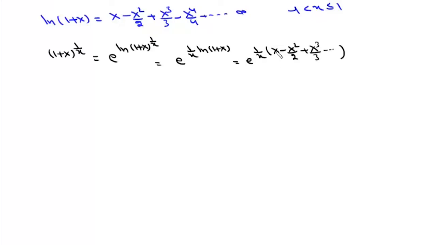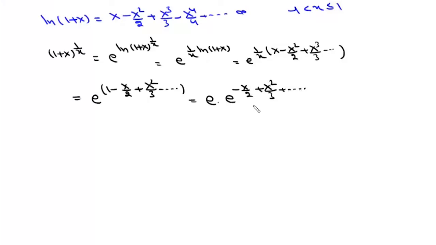Now here this x will cancel, so we can write this as e to the power 1 minus x by 2 plus x square by 3 and so on. Now we can write this as e into e to the power minus x by 2 plus x square by 3 up to infinite. Now we'll use the expansion of e to the power x.